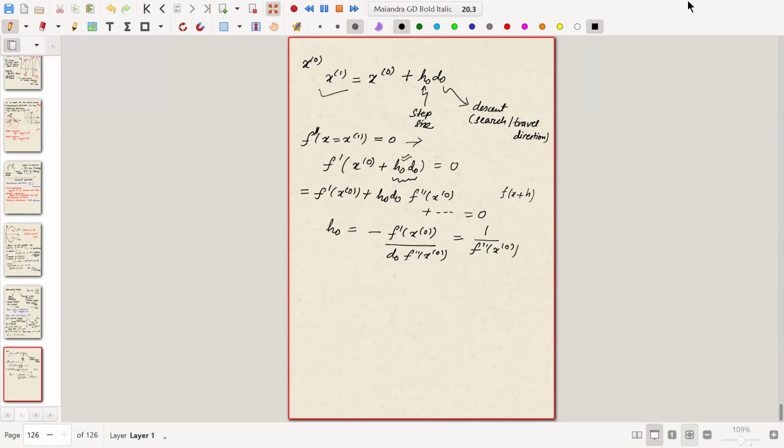So now, what's our method? Can we put the value of h naught here now?